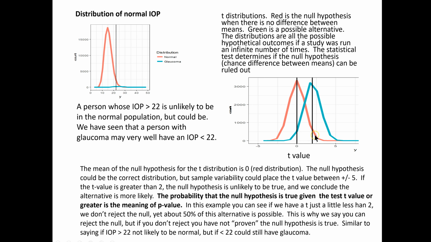Even though these are perfectly reasonable values when the null hypothesis is true, it just happens so infrequently, 5% of the time, that we're going to reject the null hypothesis and go more with the likelihood of the blue, which is just one arbitrary case. We don't have any idea what the true alternative is. This is one possible case.